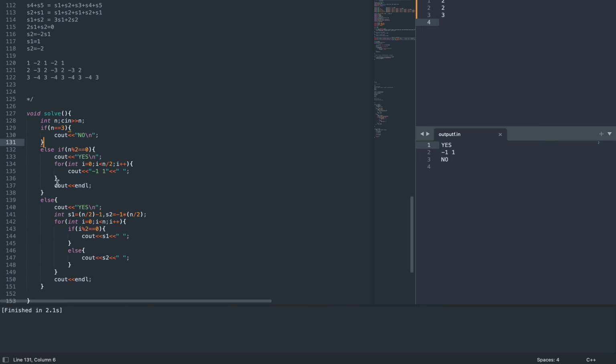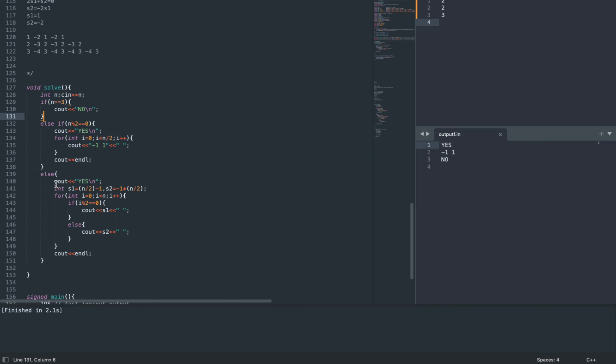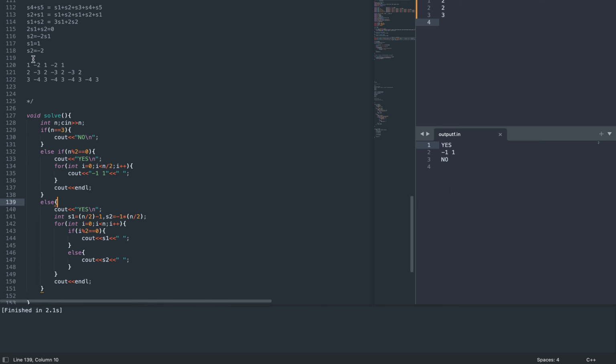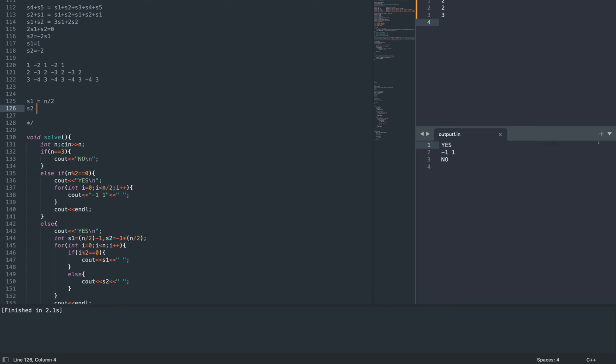And if n is odd and more than 3, then we have to print yes, and accordingly we are taking s1 as n by 2 and s2 as minus n by 2 minus 1.